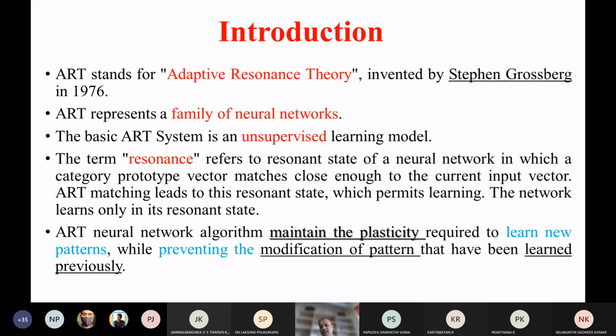Then the next one is plasticity. What do you mean by plasticity? The world is full of information. Whenever you go to any environment, you may learn new things. For example, you drive a motorcycle.